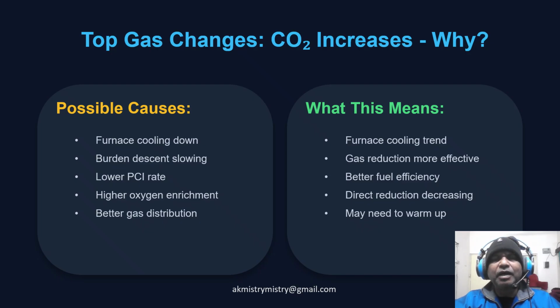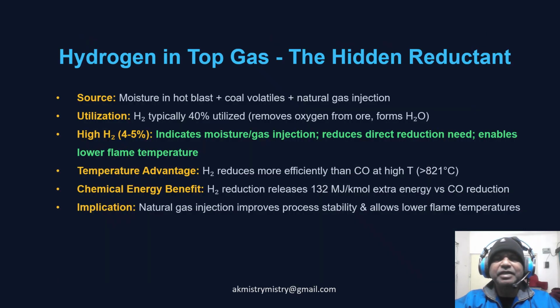Coming to the hydrogen in top gas, it is often called the hidden reductant. It mainly comes from moisture in the hot blast, volatiles from the coal, and any natural gas that is injected. Typically about 40% of the hydrogen is utilized to remove oxygen from the ore, forming water vapor.